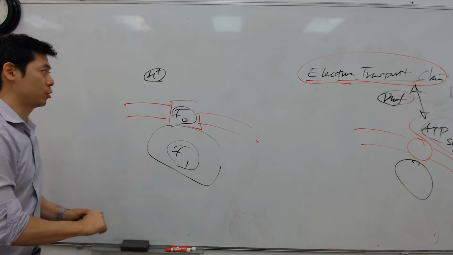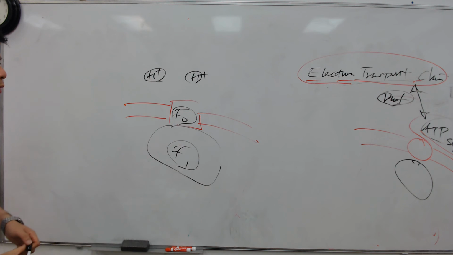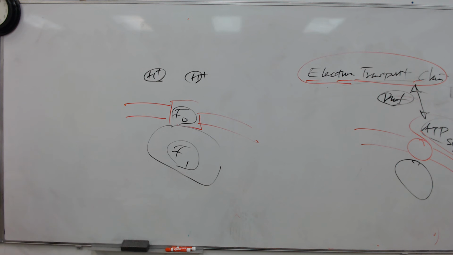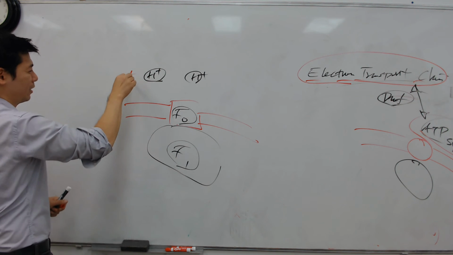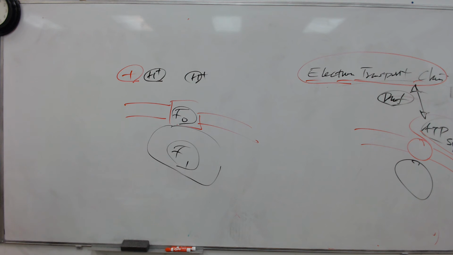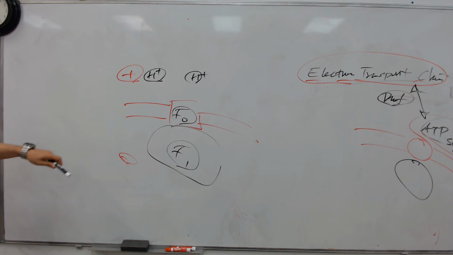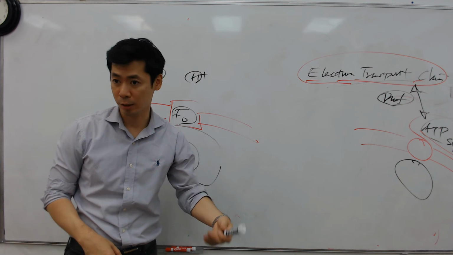There's a lot more hydrogen ions there, and also a greater positive charge, and this side is negative, because all the H plus has been pumped out. So that's what they call the electrochemical gradient of H plus.